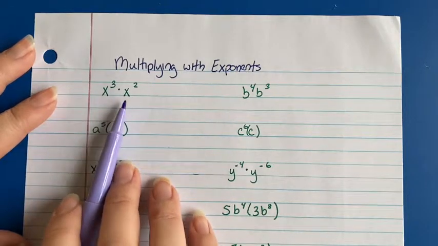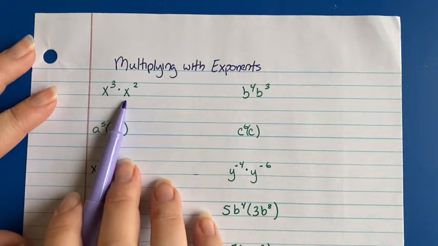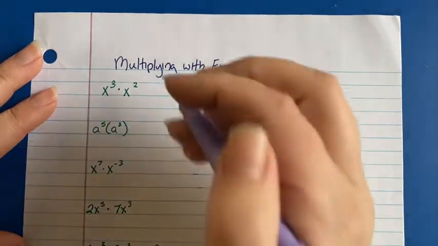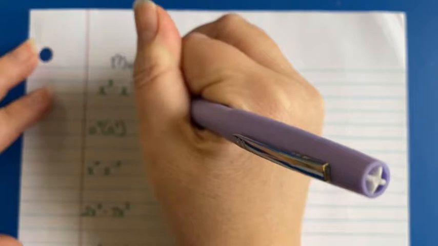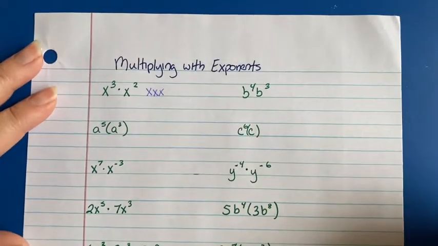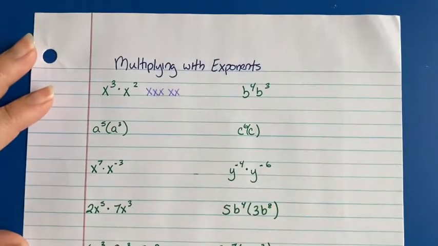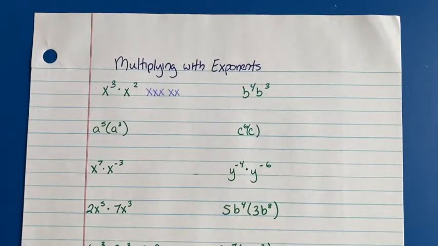Okay, when you've got exponents like this, let's say we've got x to the third times x squared. If I expand this out, which means I take x to the third and I actually write out the fact that that is 3 x's, and I expand out x squared and show that it is 2 x's, I can see that altogether I am multiplying x 5 times.